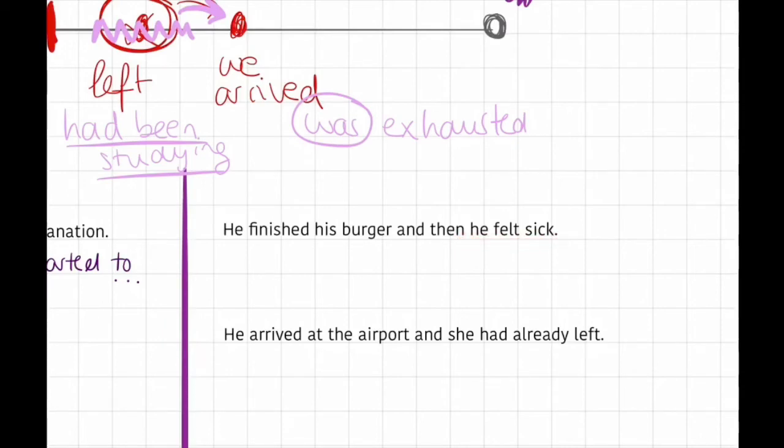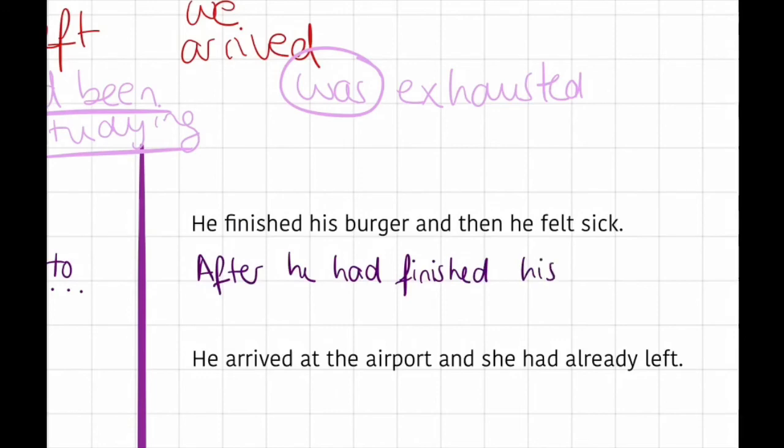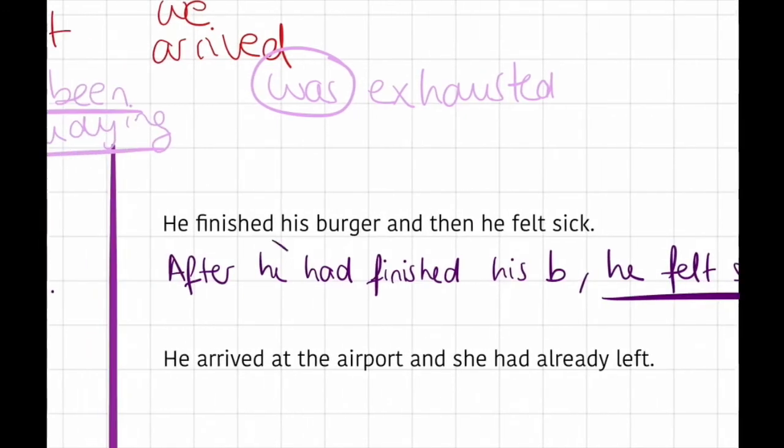We would say, after the first action, which would be he had finished his burger, he felt sick. So this one is still in the past simple, and the first action changes to the past perfect simple.